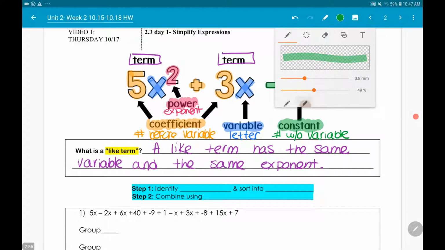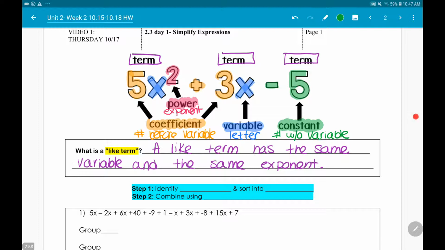So there are 2 key words there. It is the same variable and the same exponent. It needs to have both of those. If it just has the same variable, then they are not like terms.